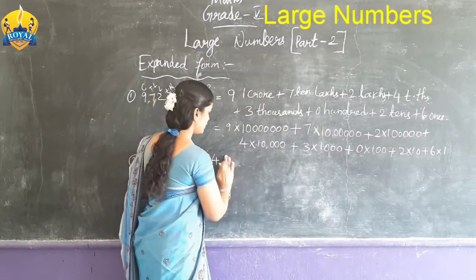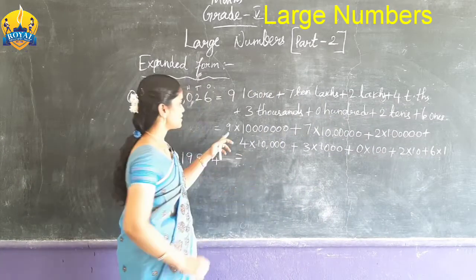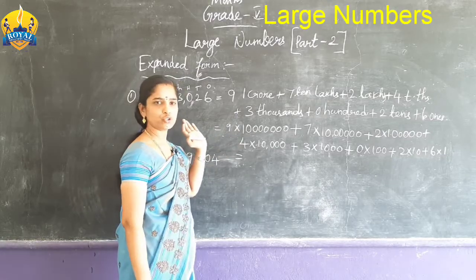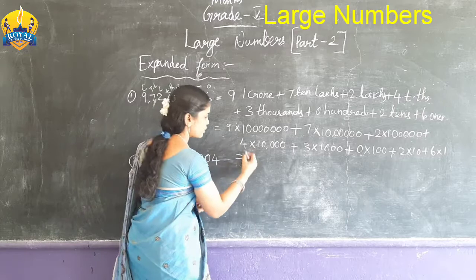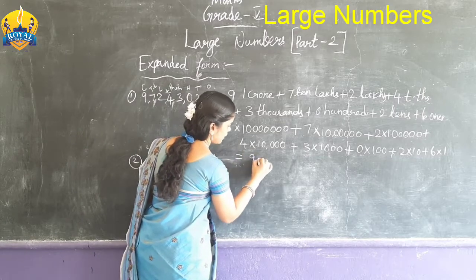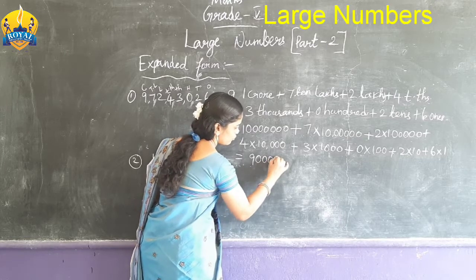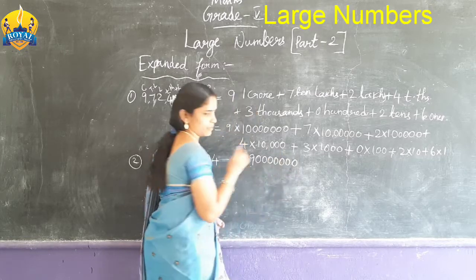Okay. Is it clear? The next one is, listen, 9 into what? 1 crore. 9 into 1 crore means 9 crore. 9 and 7 zeros we put, 2, 4, 6 and 7.